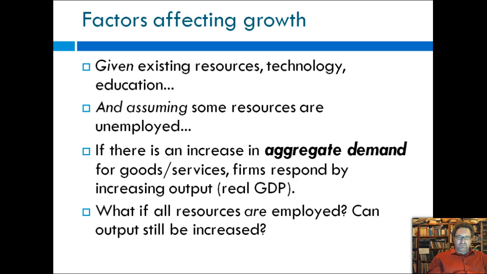But going back to our case of increasing output via an increase in aggregate demand, now it assumes that by increasing aggregate demand, firms can employ more workers, for example, the unemployed, to produce goods and services. But what if all the resources that you have in your economy already are employed? Can you still increase output in that case? Well, the answer is yes, you can.